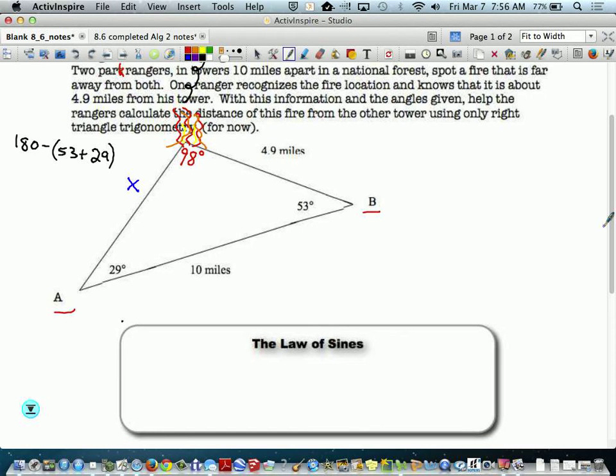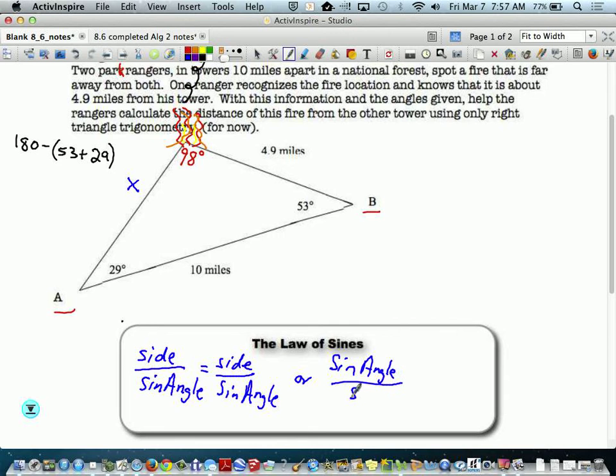So in the box, I'm going to write it a couple different ways. You can do the side over the sine of an angle equals the other side over the sine of another angle. Or sine of the angle over its side equals sine of an angle over its side.